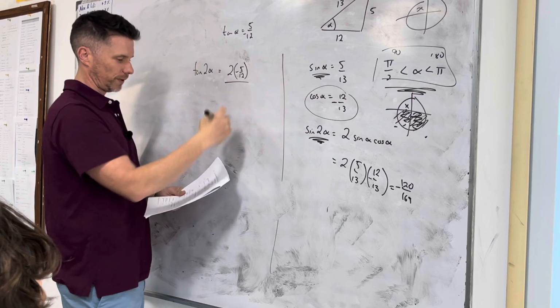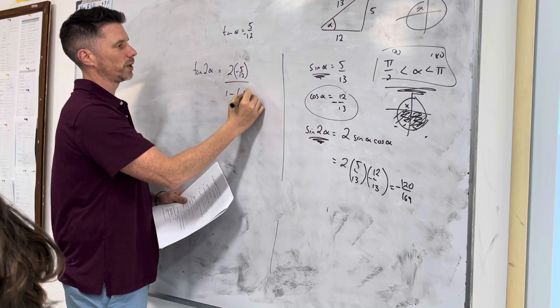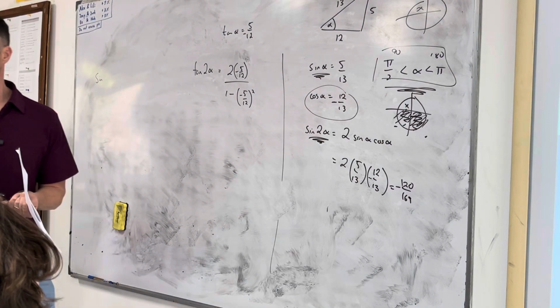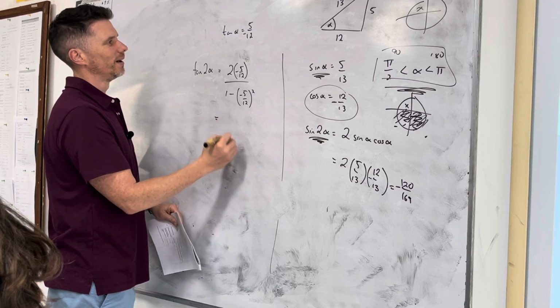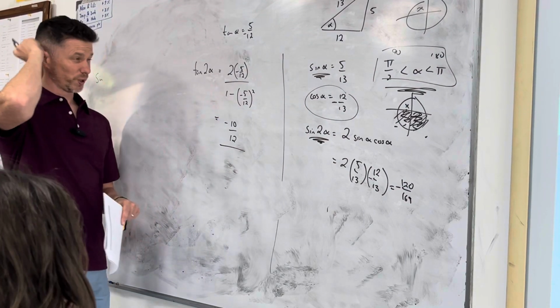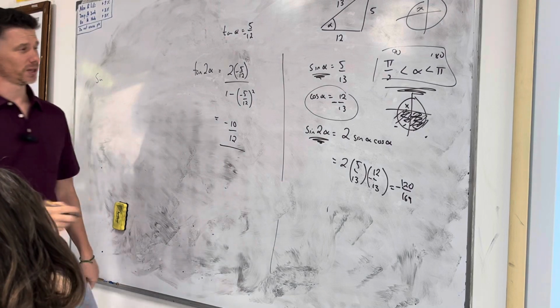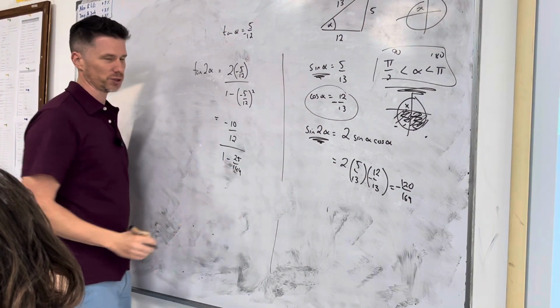Okay, and then I'd finish off with doing this, 1 minus 5 over 12 squared. That's minus 10 over 12, and 25 over 144, 1 minus 25 over 144, and you'd simplify this down as much as you can.